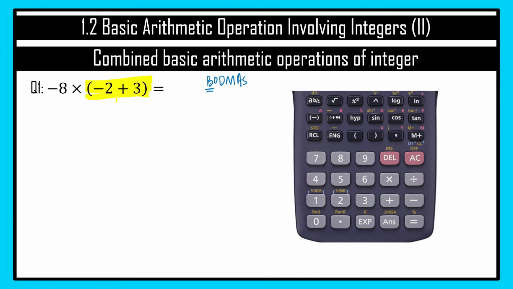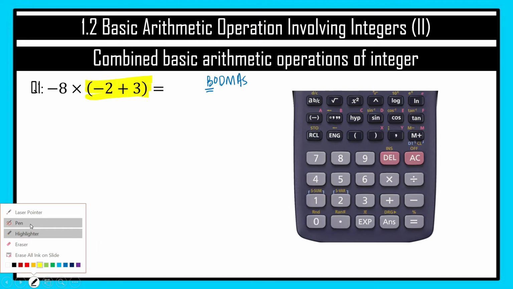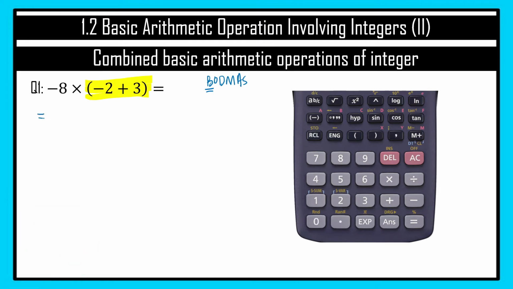We are going to do this one first: negative 2 plus 3. I have not touched negative 8 yet, so we are going to copy negative 8 multiply. Right, negative 2 plus 3. Okay, you should get 1. I'm going to keep the bracket there.